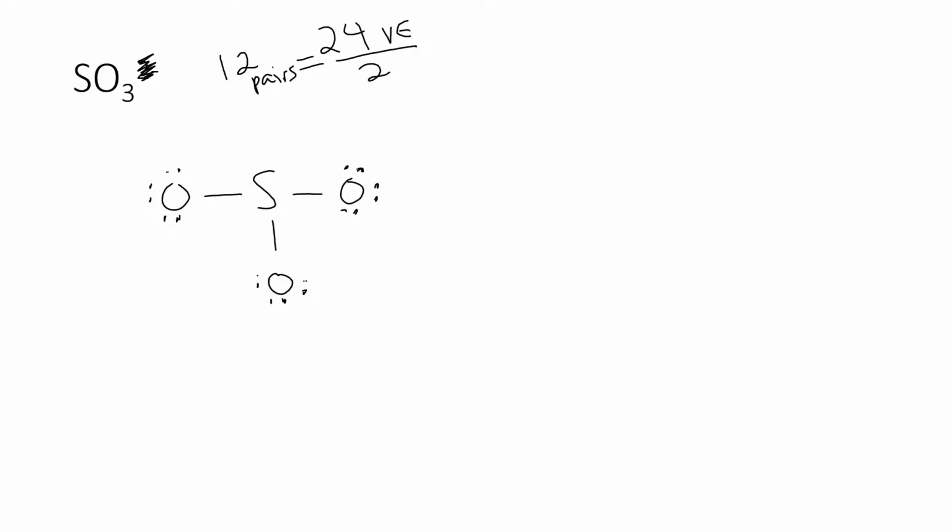The problem is sulfur does not have an octet, and all non-metals must have an octet. So what do we do? These go away and a double bond is formed, because they're going to share more than one pair. Now, the question you might ask is, does it matter which oxygen we do this with?